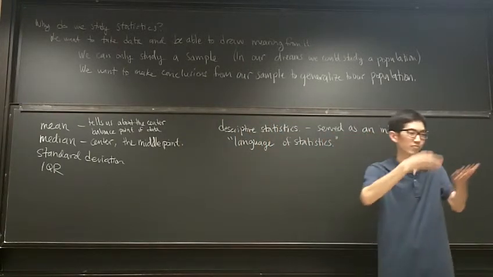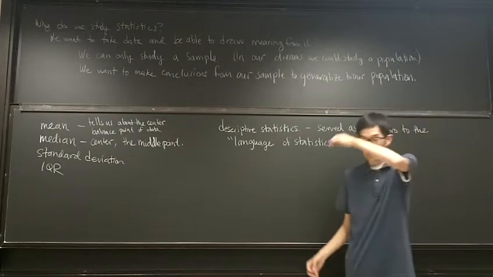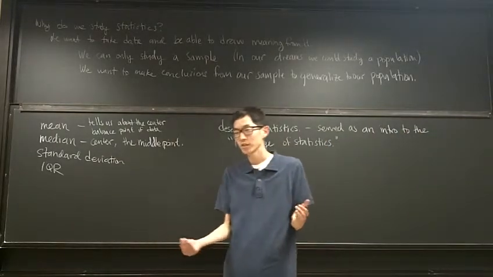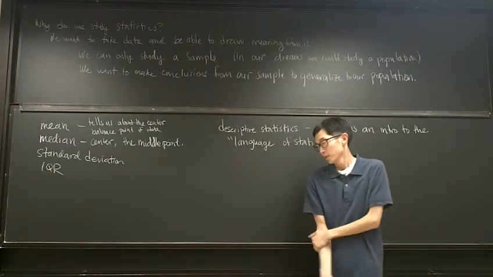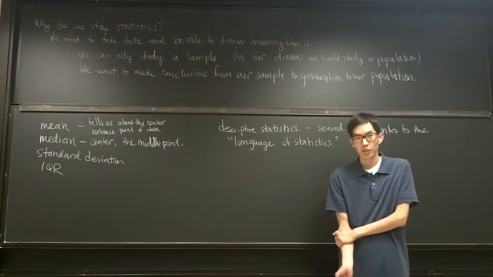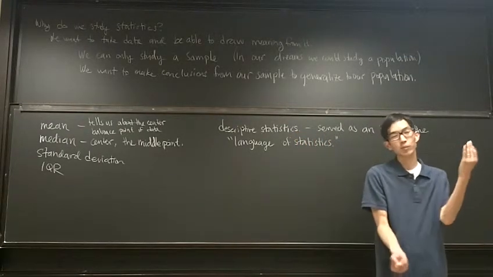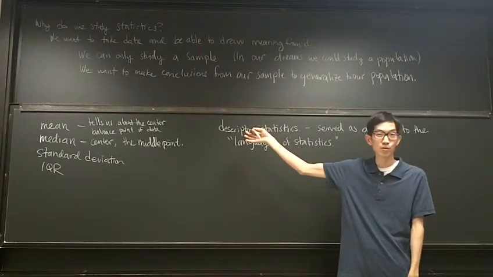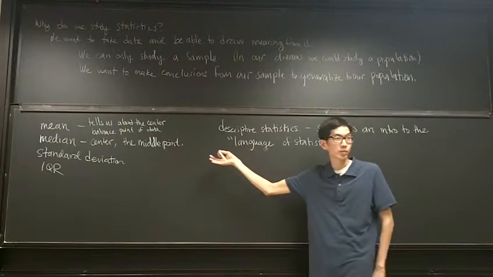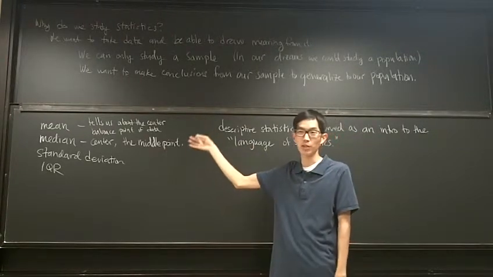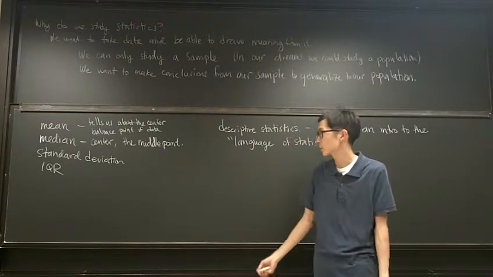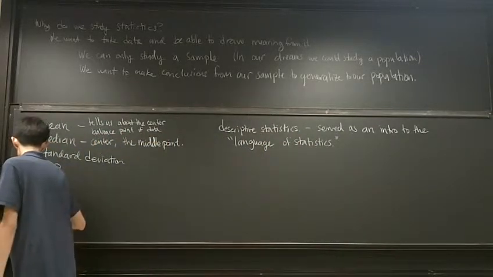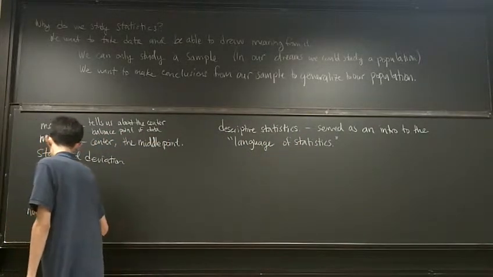When we see a whole bunch of data, these tell us about what the center is, what a typical number might look like. And of course these things only apply to numeric variables. We wouldn't have a mean and median for categorical variables. So these are numeric variables only.